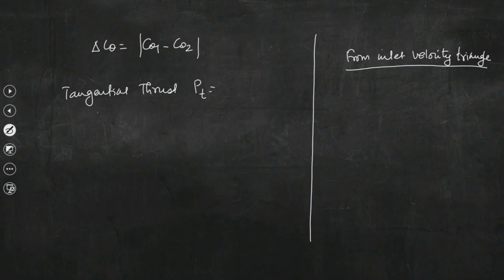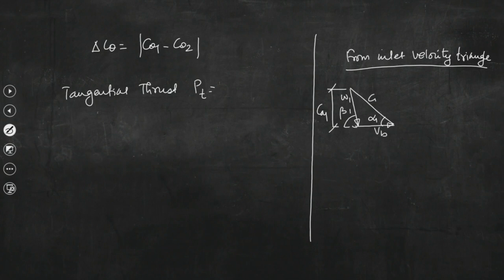Let me draw the inlet velocity triangle once again. This angle is beta 1, this angle is alpha 1, and this is CA1, this is W1, this is C1, this is VB.